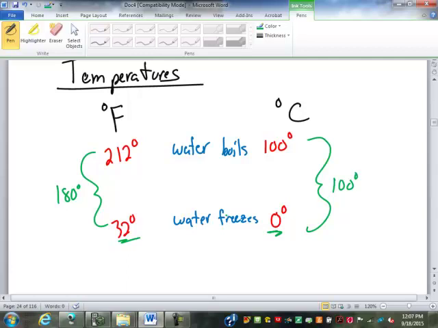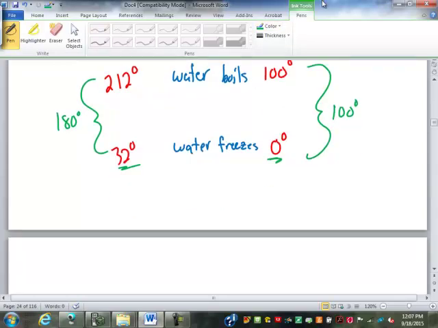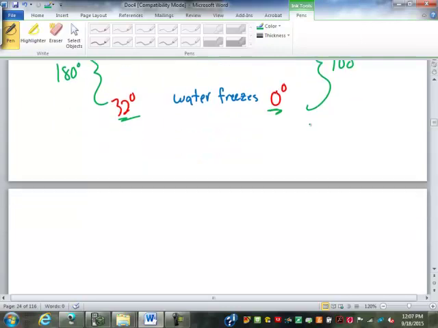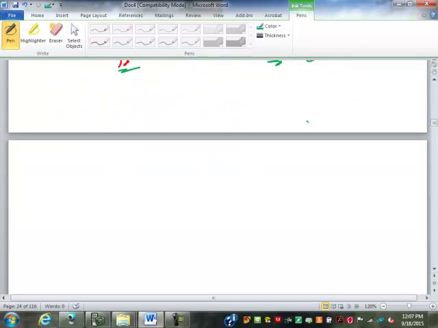For temperature, 0 Celsius and 0 Fahrenheit are not the same temperature. They don't have a common 0 point. It's the only measurement scale that we deal with that does not have a common 0 point. So, to make our conversions, we can't just have an equivalency between them and use that conversion factor. We actually have to use a formula.